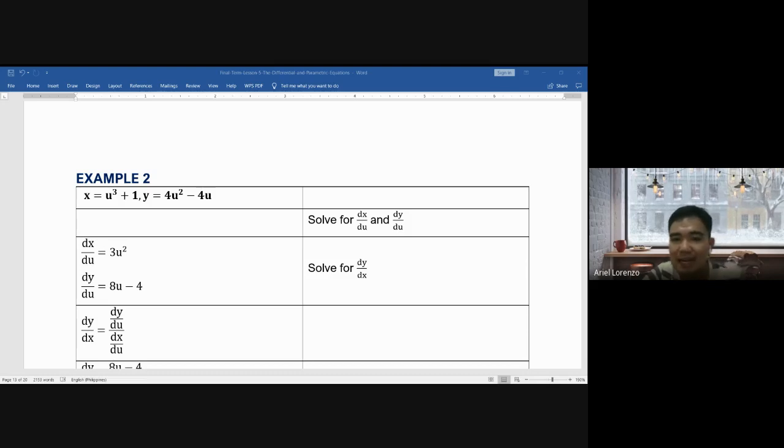Pwede nyo lang i-announce class yung sagot nyo kung hindi ma-encode. Okay? Kung may nagtatry man. May nagtatry? Para aware lang ako. Para sagutin ko na. Hello? May nagtatry?